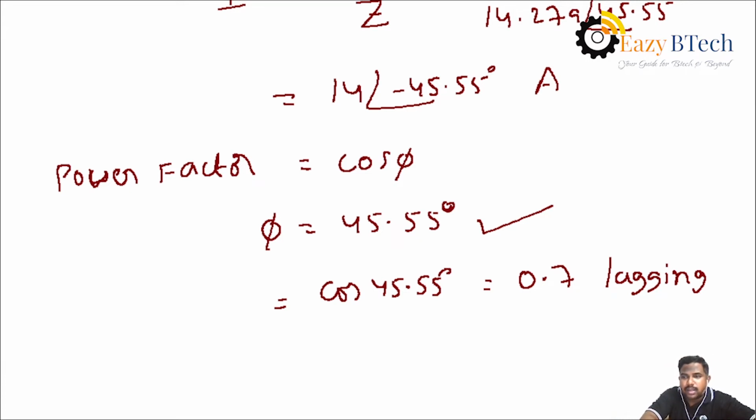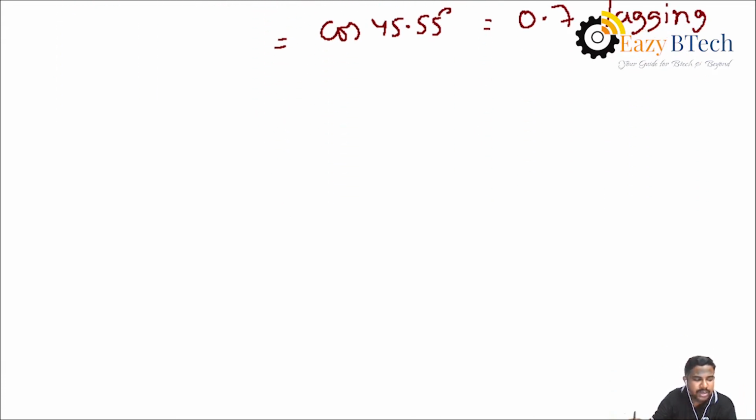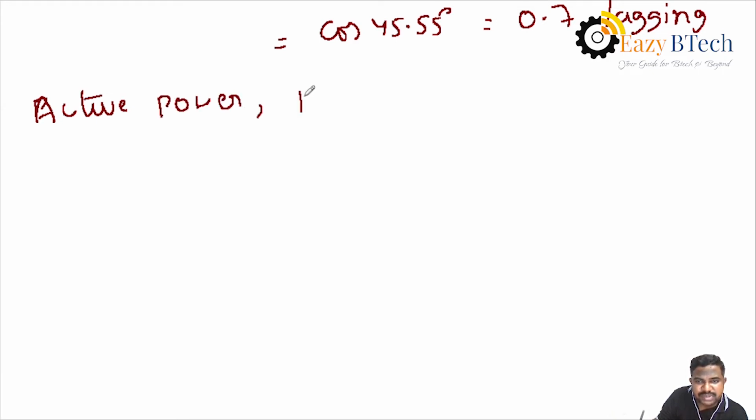Then after finding the power factor value, we have to find out the power values. We know the first power is active power, which is denoted by capital P. What is the formula for active power? That is VI cos phi.